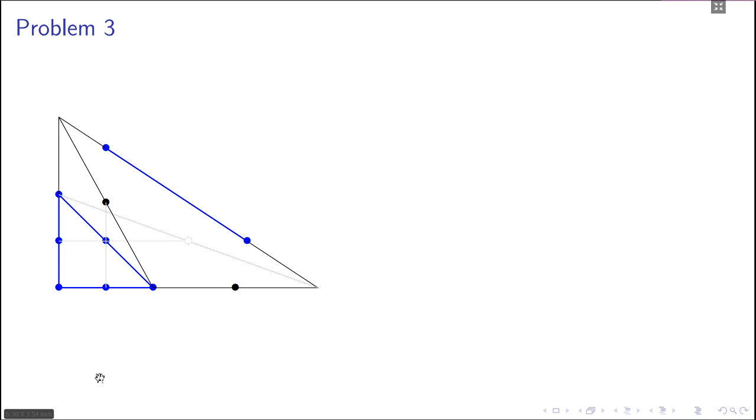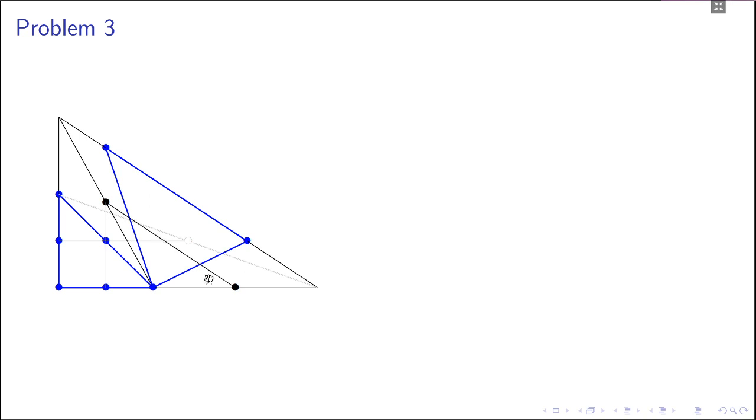And after that, I just join the endpoint of these two segments to this vertex. And now if I join this, a lot of rays are coming out of this point, and this is the midpoint, so this segment is going to be parallel to this, so it will hit it at the midpoint of these two segments also.